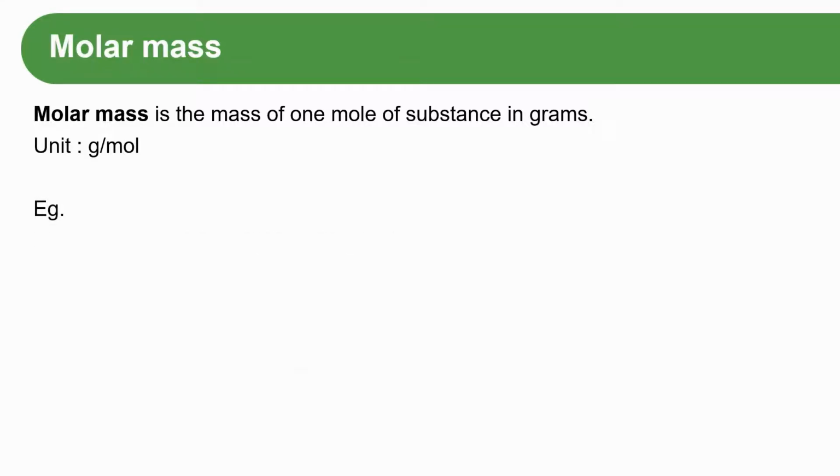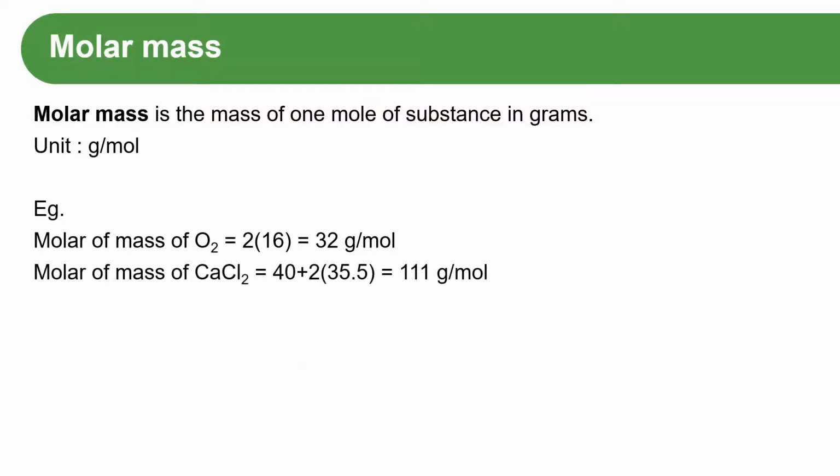For example, the molar mass of oxygen is 2 times 16, which is 32. Notice that this is similar to finding the relative molecular mass of oxygen. Then, second example, the molar mass of calcium chloride is similar to finding the relative formula mass. So the molar mass is 111.